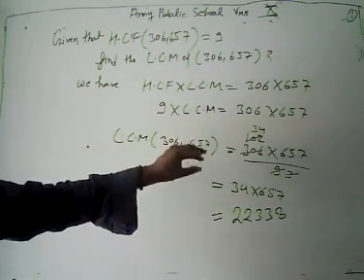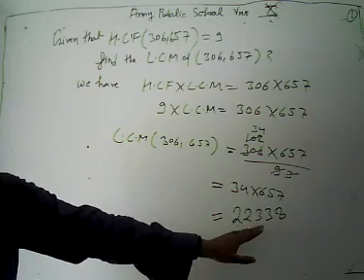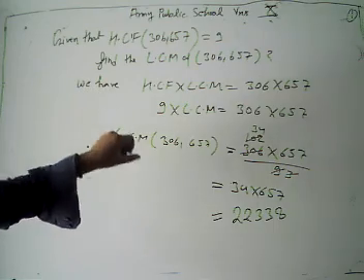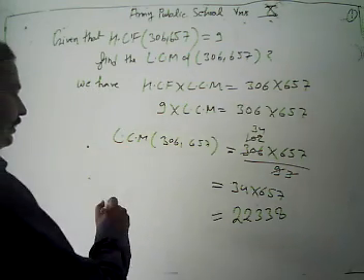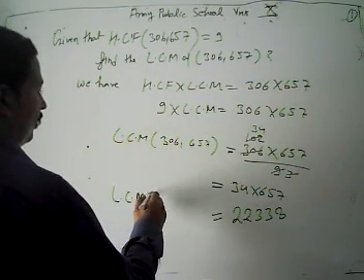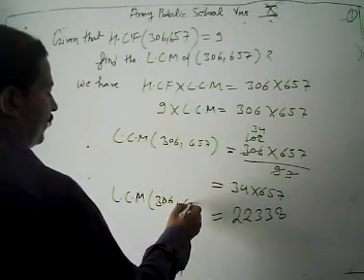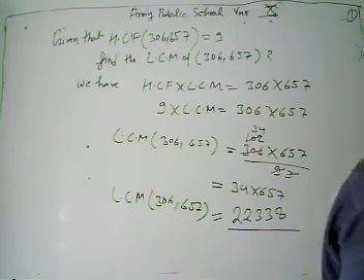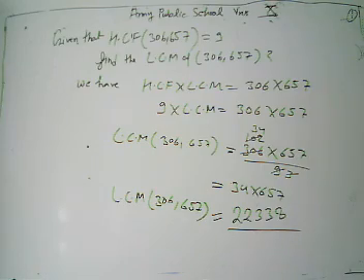Then LCM is given by the product of the numbers divided by their HCF. After solving, we get our required LCM of 306 and 657, which is 22338. I hope all of you understand that.